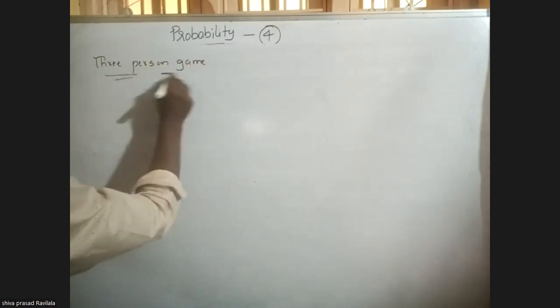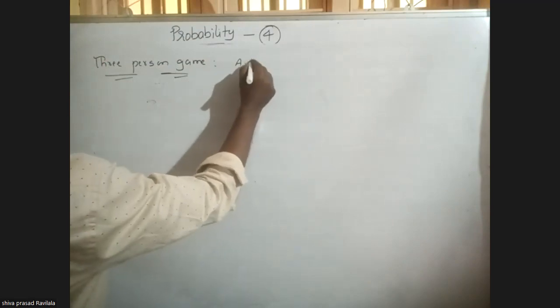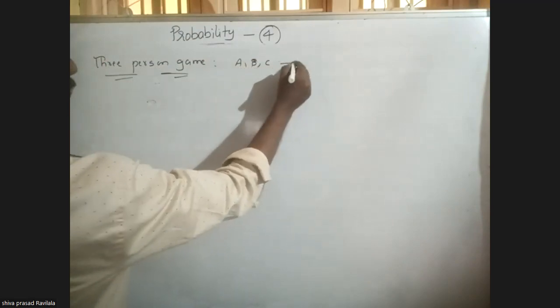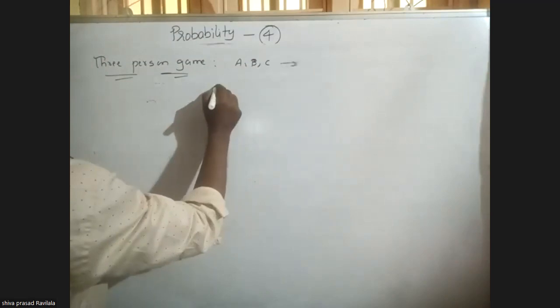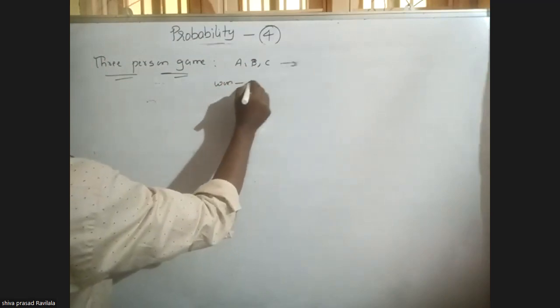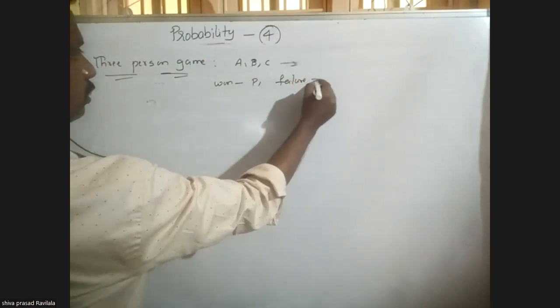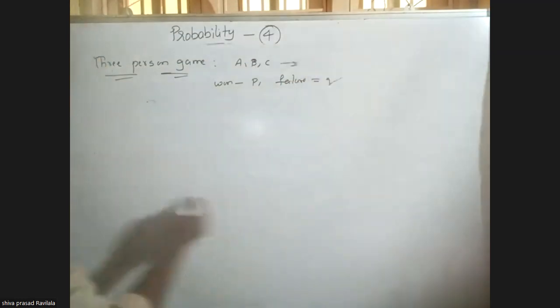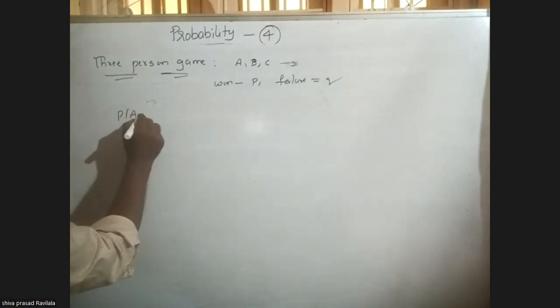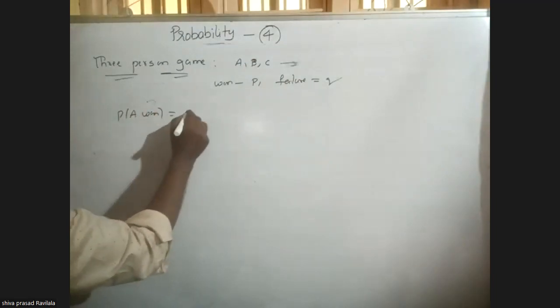The persons are A, B, C. P is equal to 1 case, success case P, and failure case always this one is equal to Q. Probability of A wins, again the same case. When P, game up.